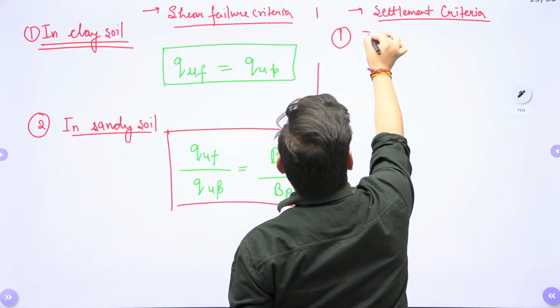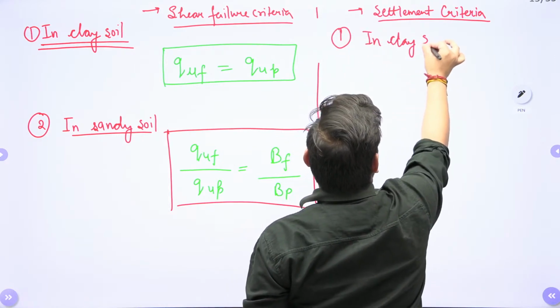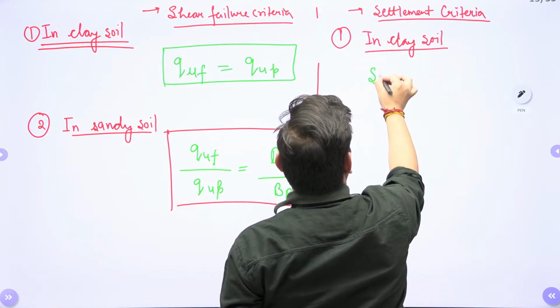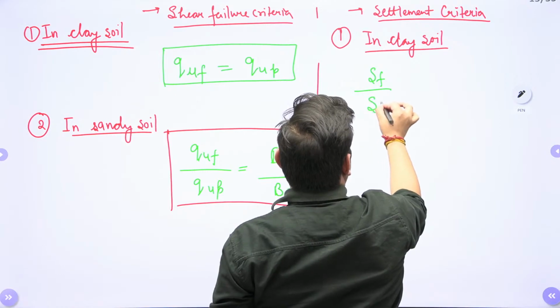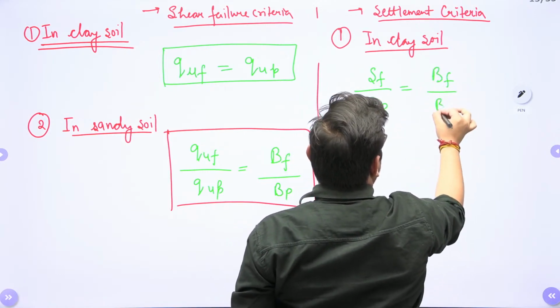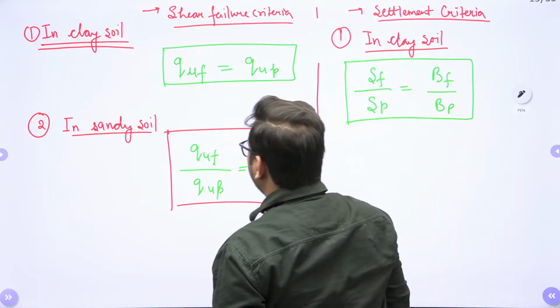first in case of clay soil, the settlement of foundation to the settlement of plate will be equal to width of foundation to width of plate, right?